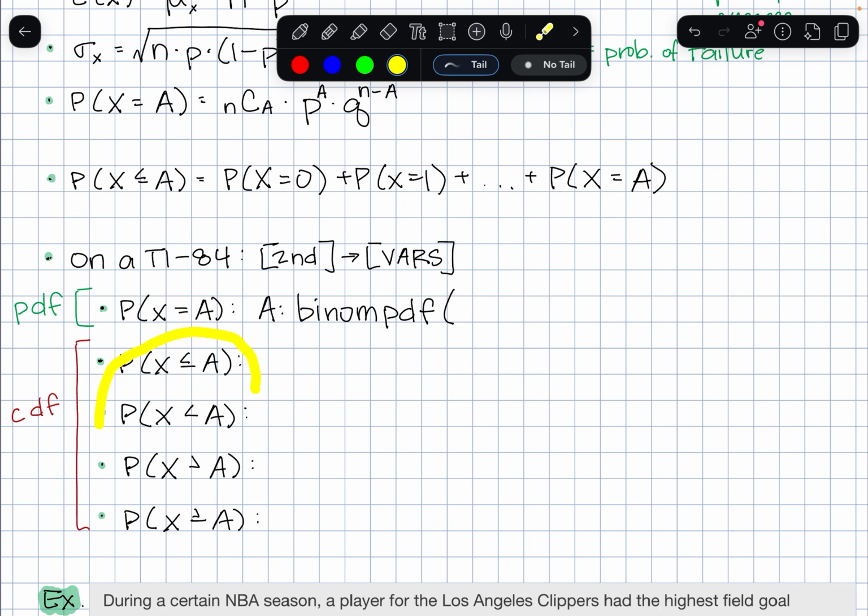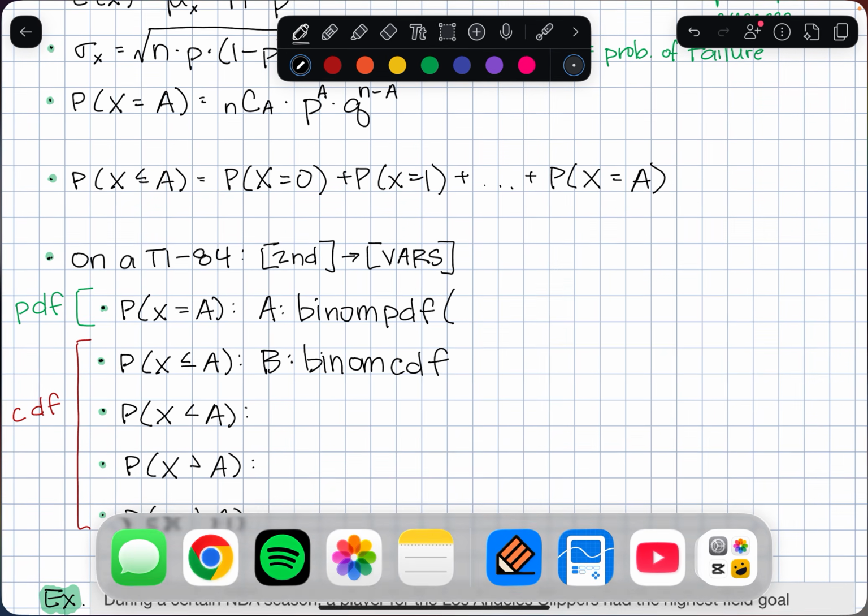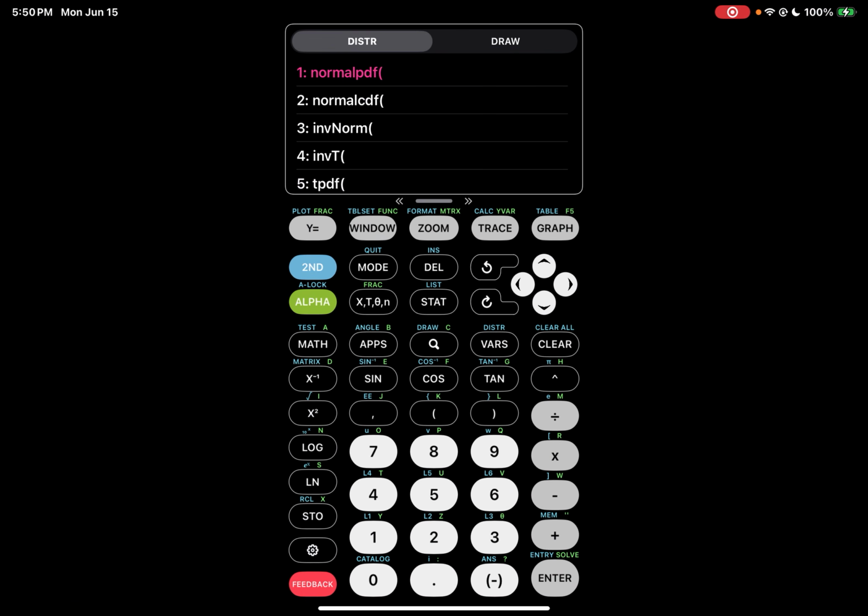For all of these, instead of Binomial PDF, I'm going to want Binomial CDF, which is option B. And they're going to ask you for some information. So let's pull up this data and see what it asks us for.